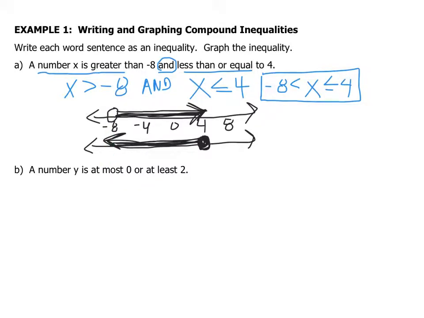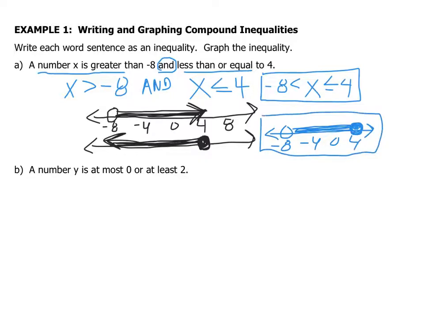So our final solution would be an open circle at -8, a closed circle at 4, and a segment in between that covers the distance between those two. So here is the number line graph and the above solution to this one.